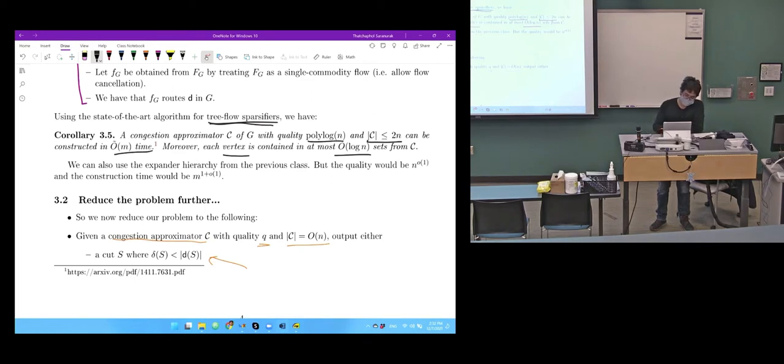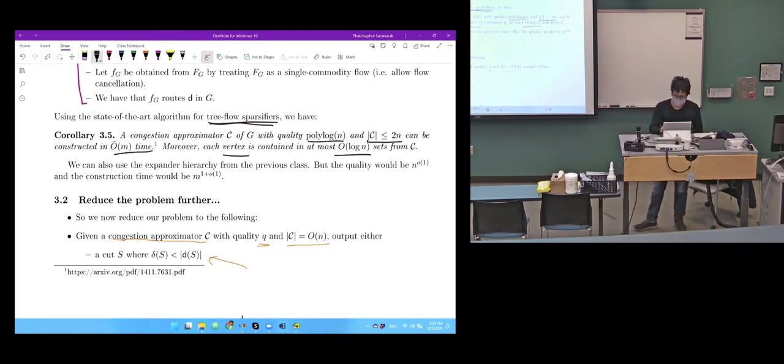Okay. So this is just by using the best tree-flow sparsifier, but we have seen one tree-flow sparsifier from the previous class as well. That is to use expander hierarchy. In that class, I just talked about unweighted graphs, but everything extends to capacitated graphs too.